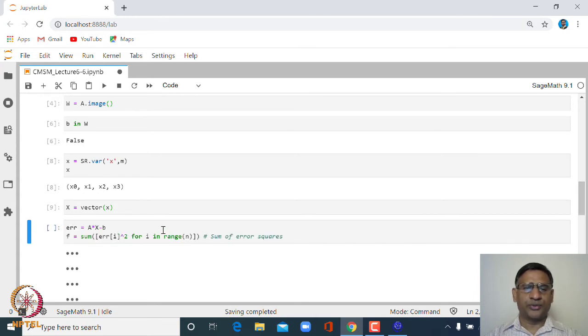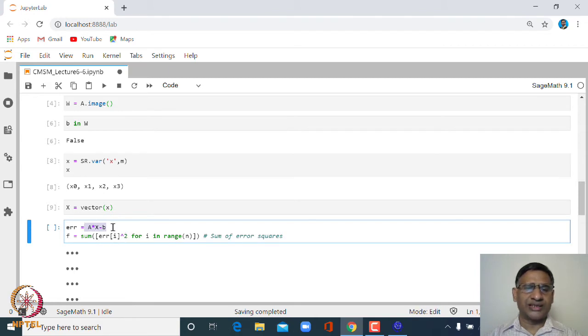Now if you recall, in calculus we solve this problem. So first we define f as the sum of the error squares, and error in this case is nothing but Ax minus B. For any x0, x1, x2, x3, Ax is in the image and its error is going to be Ax minus B, and then we find the sum of the error squares.